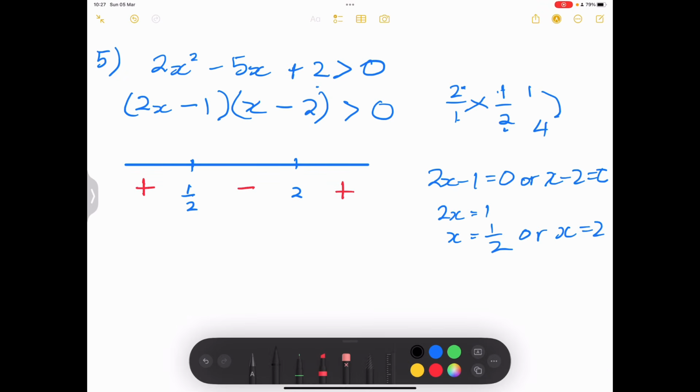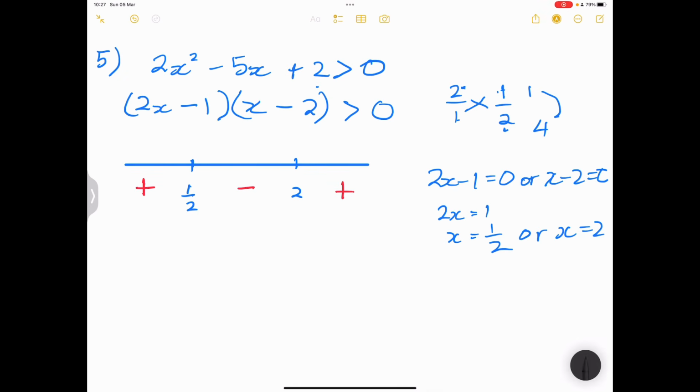So in this case, it's greater than 0 between negative infinity all the way to a half. A half is not included because they just simply said greater than, right? So our critical values are not included. Okay, as well as from 2 all the way up until infinity, right?